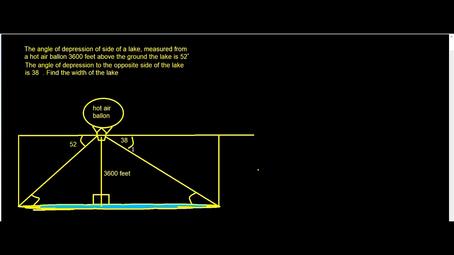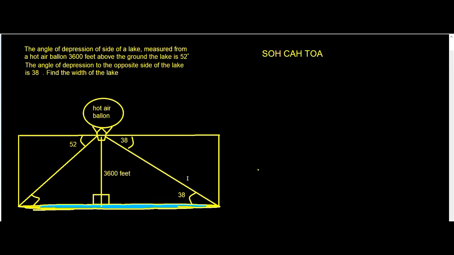Since this angle, 38 degrees, is congruent to this one, 38 degrees, then we can solve for the width of this lake. So, how will we do that? We have to use the SOHCAHTOA. If we use the SOHCAHTOA, kailangan natin alamin kung asan dyan yung opposite, asan ang adjacent, asan dyan ang hypotenuse.